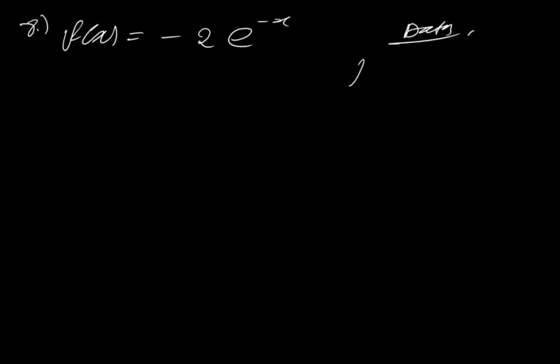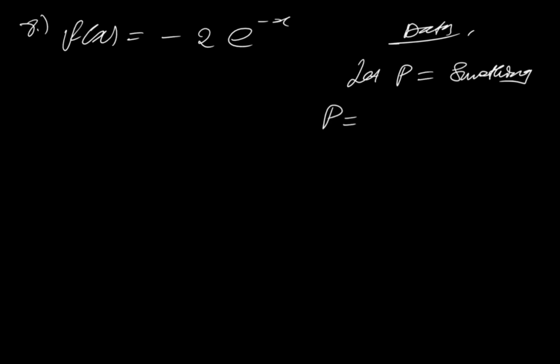Let's look at the last example. Suppose you have f of x is equal to negative 2 e to the minus x. You try and pause the video and attempt it on your own. Alright, collect data. Let p equal to something.